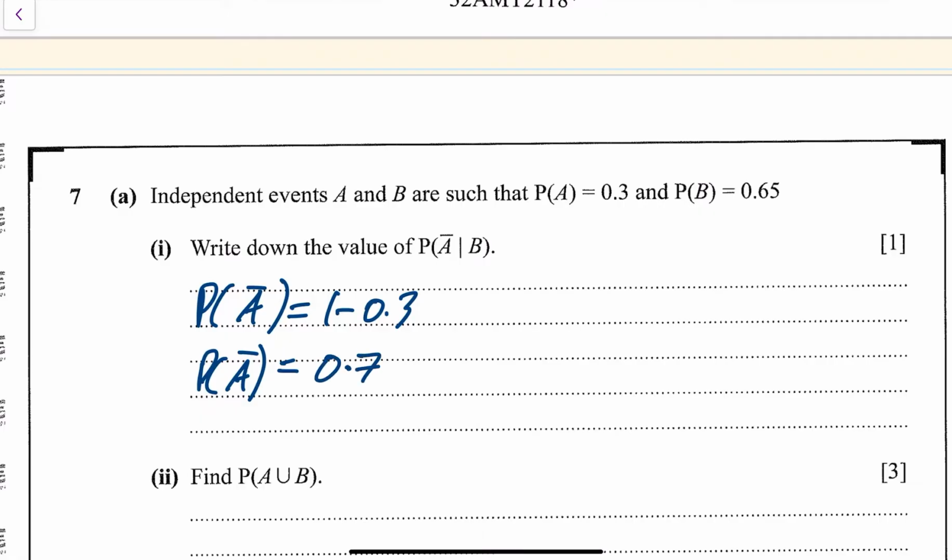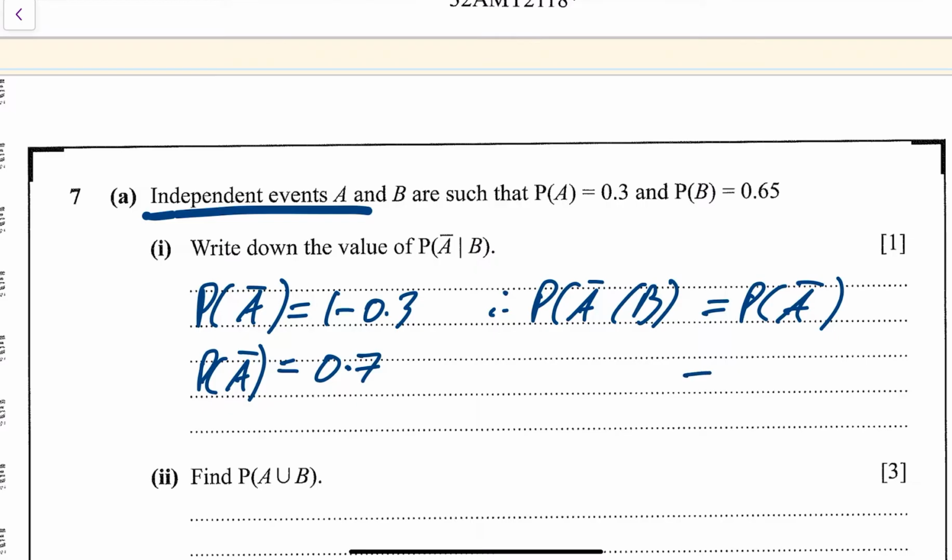Now, they are independent events, so A or B happening has no impact on the other one happening. That means probability of not A given B just equals the probability of not A, so it is just equal to 0.7.